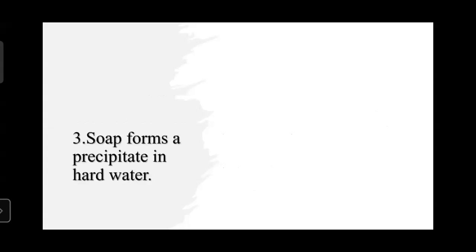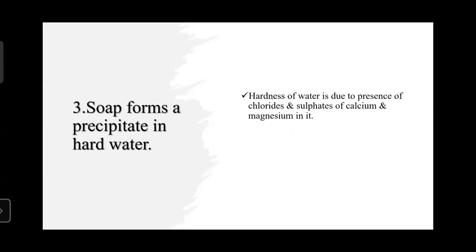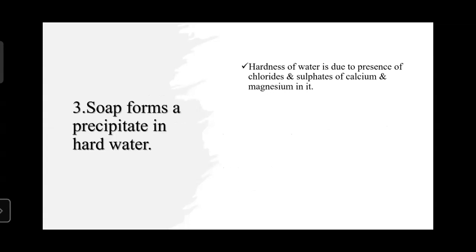Next question. Soap forms a precipitate in hard water. Answer. Hardness of water is due to presence of chlorides and sulfates of calcium and magnesium in it. Now, when soap is added in hard water, displacement of sodium takes place.